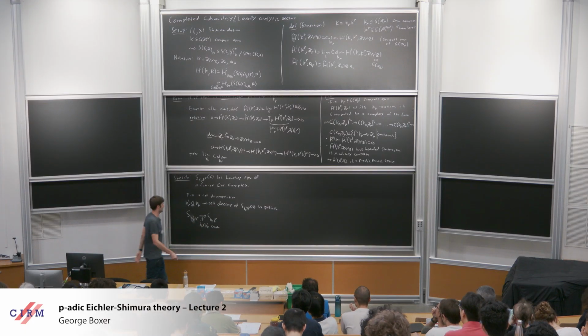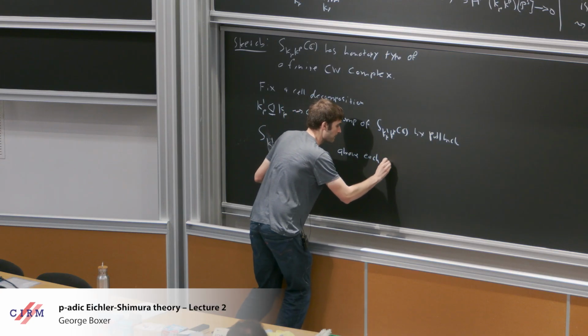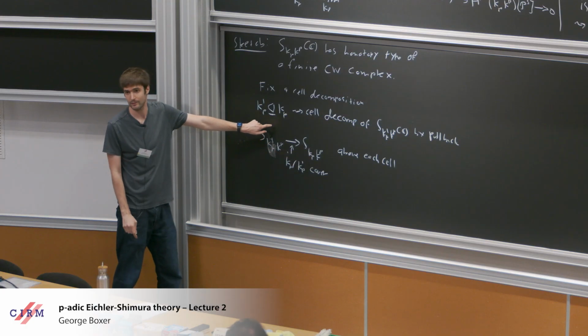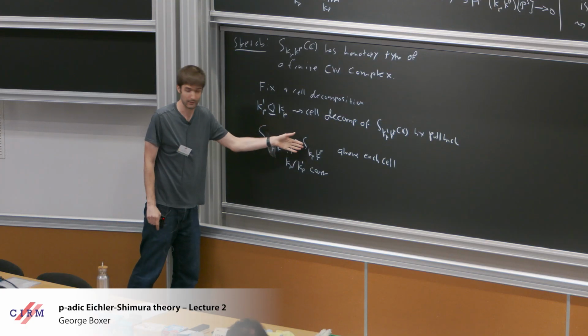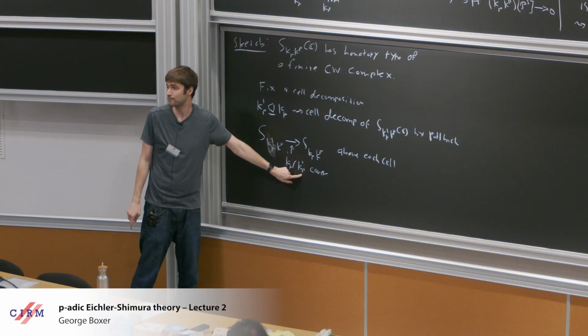And so what it means is that above each cell in here, the cells which are in its pre-image are a torsor for this group.